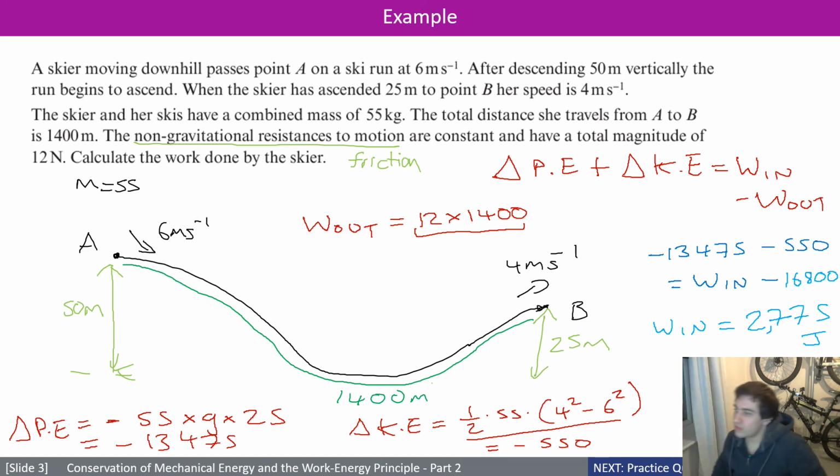So just to clarify what this is, what is this thing, the work in, this driving force? If you're familiar with skiing, the skier has the two poles in their hands and they're pushing against the ground and driving themselves forward. If they hadn't done this, then the equation wouldn't balance out.